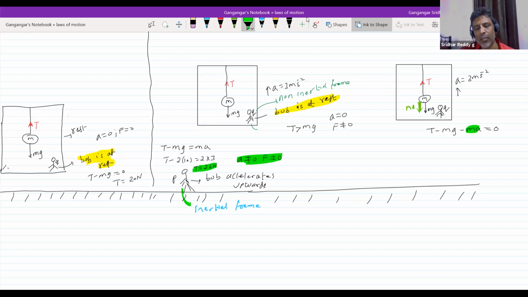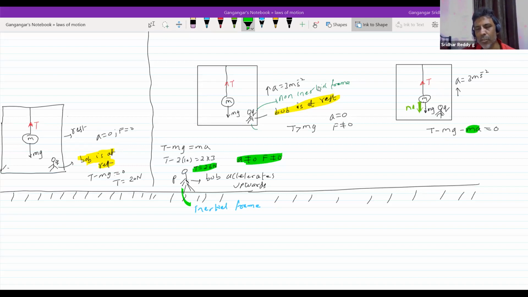Now I think the person will justify the answer. Now this ma is brought in by the person who is solving the problem. Person Q will not see this force. I'm making that clear. A pseudo force should be taken opposite to the direction of acceleration of the non-inertial frame. So the lift is accelerating up.